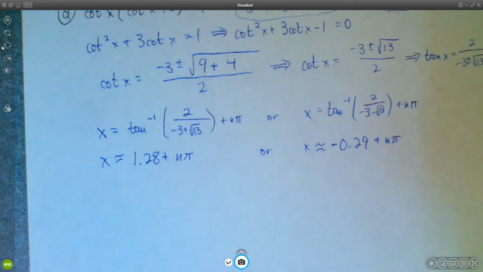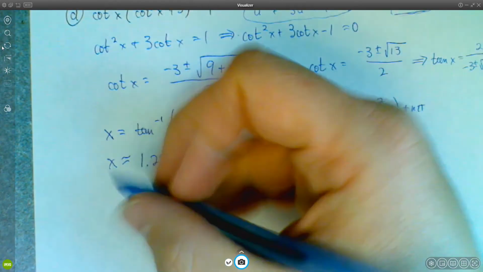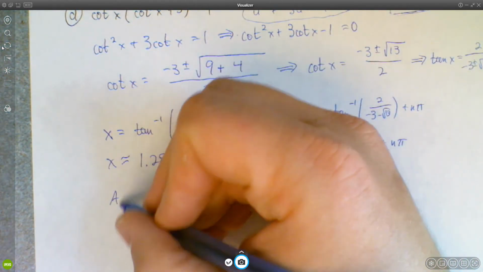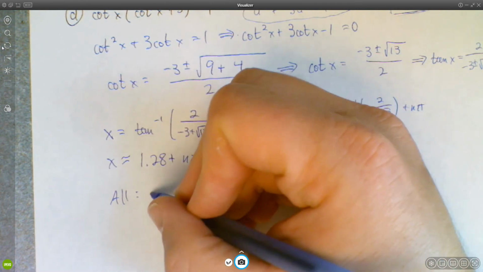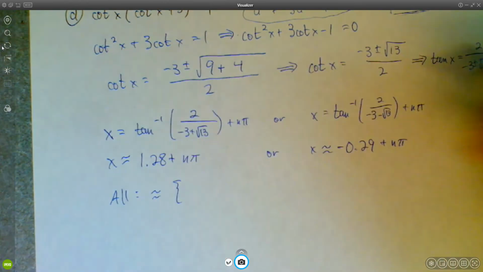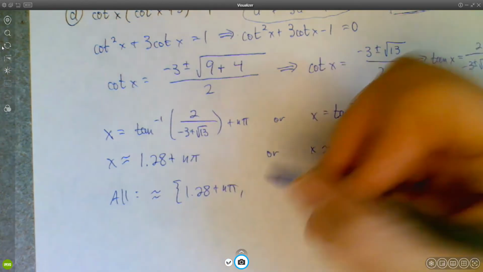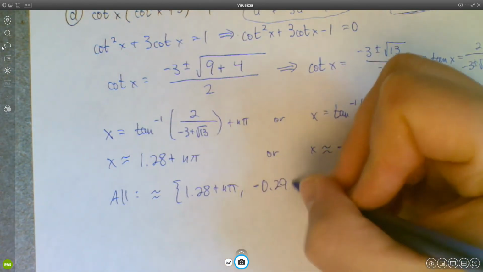Okay, so those are the approximate values. So if you wanted to list off all the solutions, you would say it's approximately 1.28 plus n pi, and then -0.29 plus n pi.